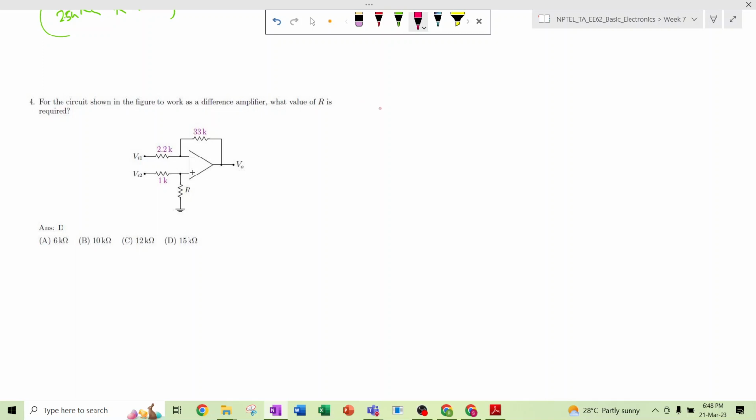Okay, so I will discuss some part of the difference amplifier.